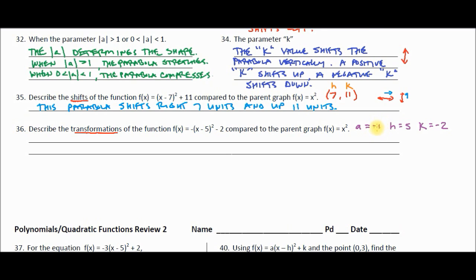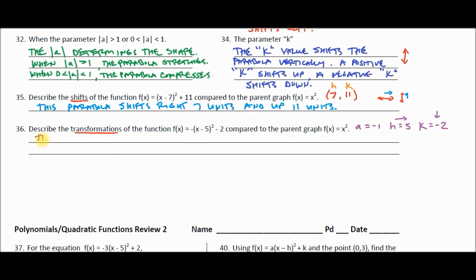Then negative, that's the absolute value of A. So the absolute value of A is 1. So we know that this parabola is going to have the same shape as the parent graph. But the negative, the sign of A, means that the graph is now going to open down. The H value of 5 means we're going to shift to the right, positive 5. And the K value of negative 2 means we're going to shift down 2 units.